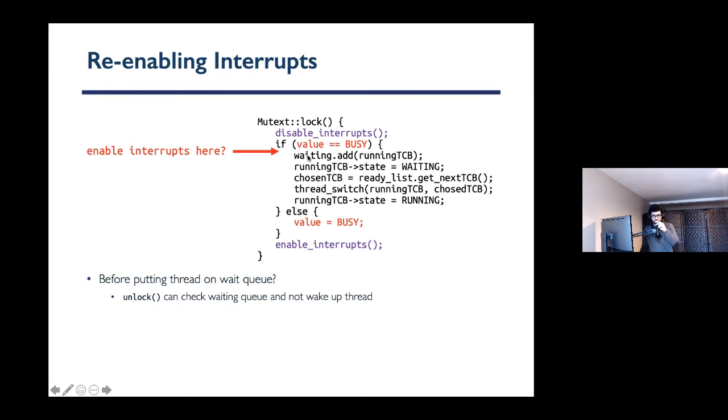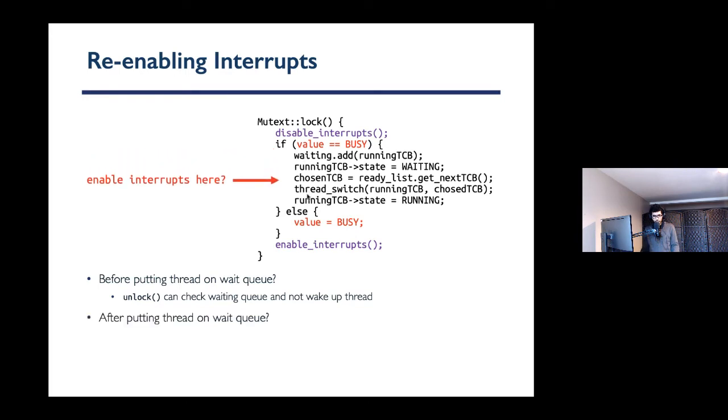And maybe that someone else that is going to be scheduled is the one who is going to unlock the mutex. And if they do so, I still haven't added myself to this waiting. So they will release the lock, thinking that nobody's waiting. And then again, when context switch happens and I'm scheduled, I'm going to go to sleep, not knowing that the lock was released. So this is not a good place to do it.